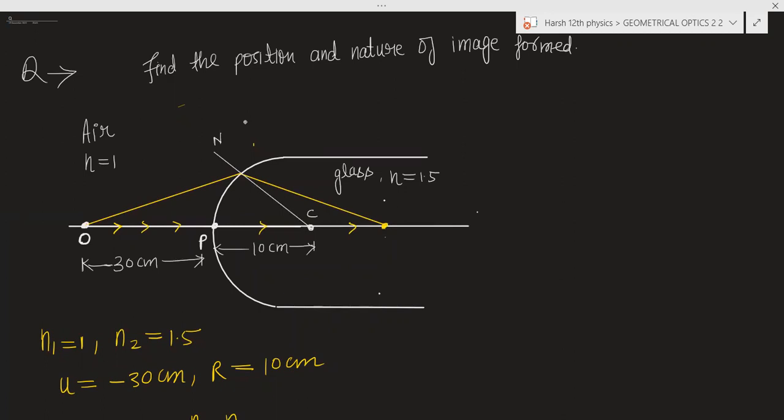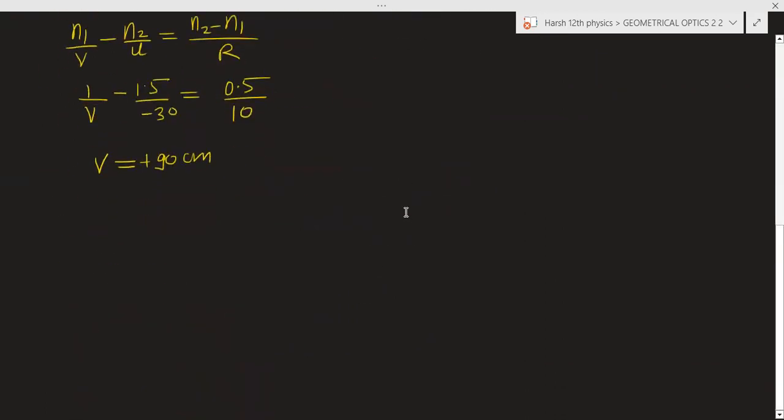Here the image is formed, and this distance we found as 90 centimeter. Here the rays are actually meeting, so the image will be real and inverted.